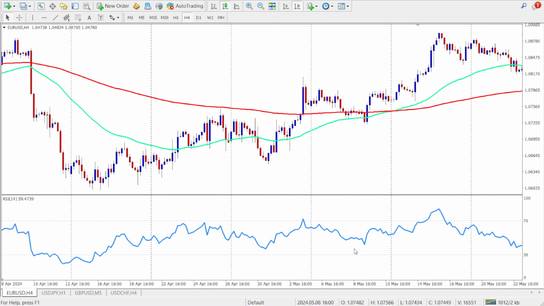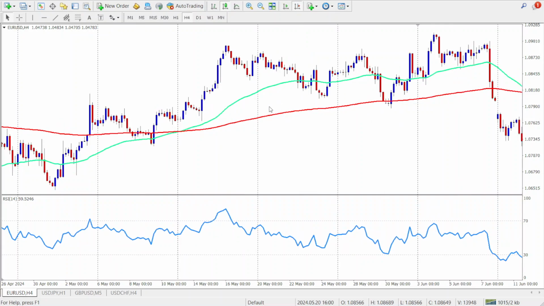Make sure that it is not in the overbought zone, not above 70. Ideally, the RSI should be moving above 30, but not yet near overbought conditions. Then you enter the trade once you have confirmed the crossover and the RSI conditions. This gives you a higher probability of entering in a strong trending market.